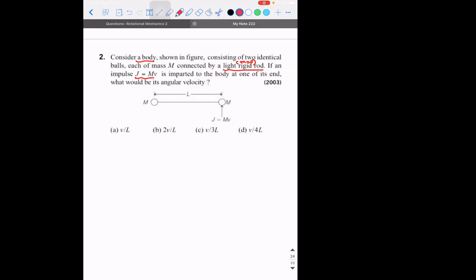So here you have to be very careful. What have they told? They have mentioned impulse, right? So impulse is given as mass into velocity. Recollect from the laws of motion chapter, how is impulse related to momentum? Impulse is equal to rate of change of linear momentum.